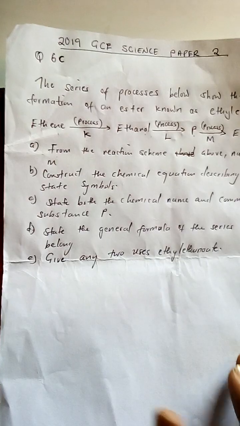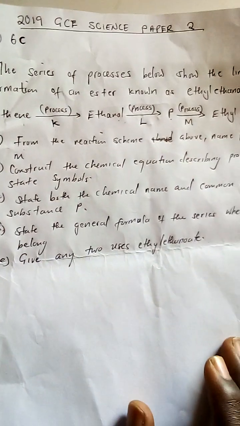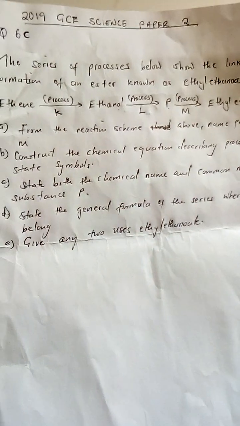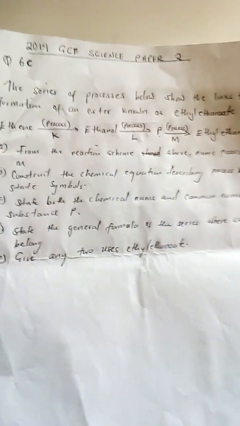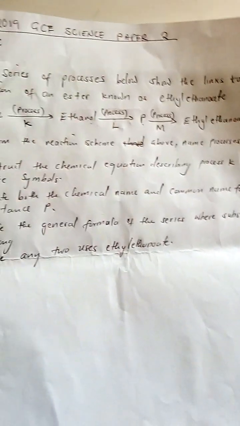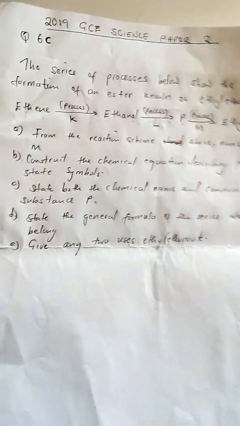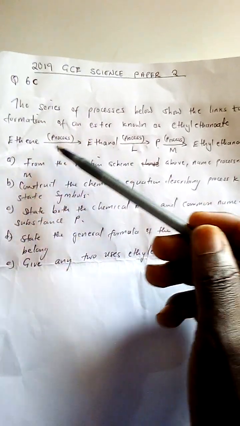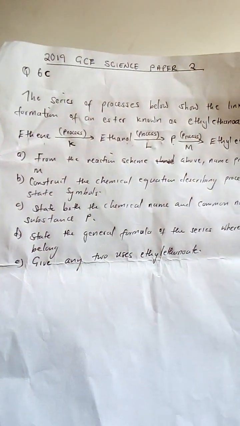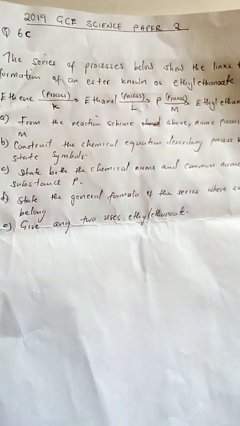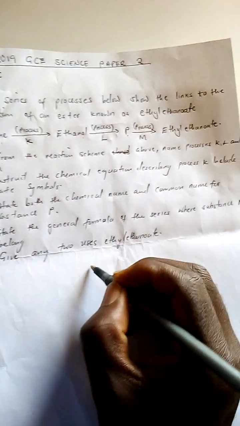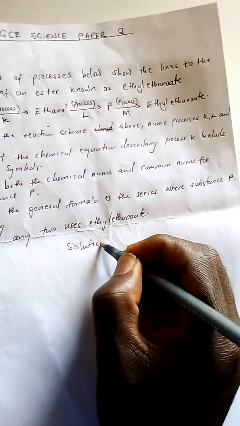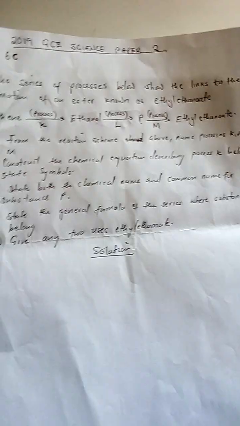So we need to ask ourselves, what is process K? What we need to understand is, from ethene to ethanol, what happens? I'll write the solutions.